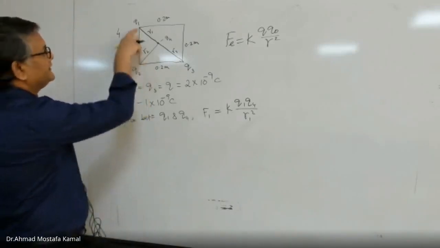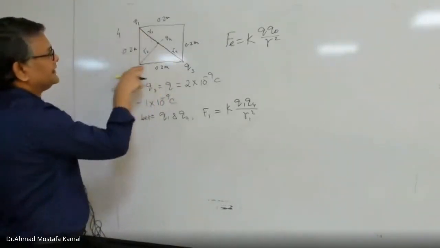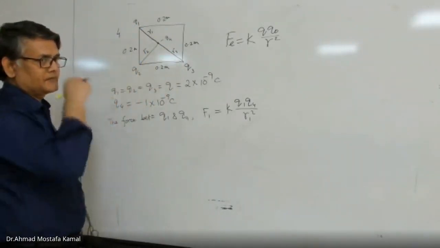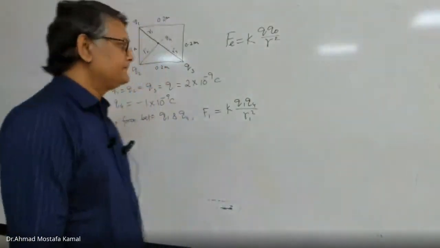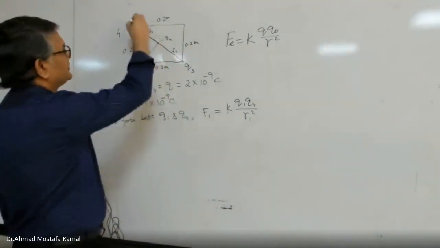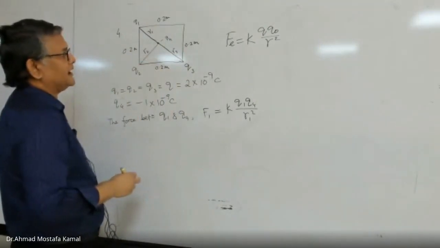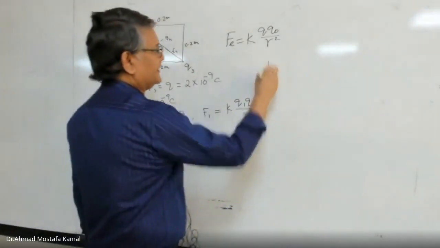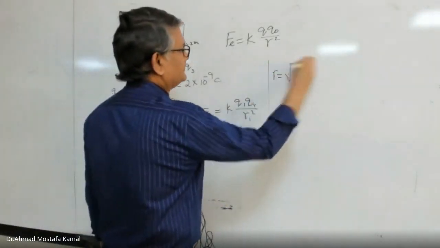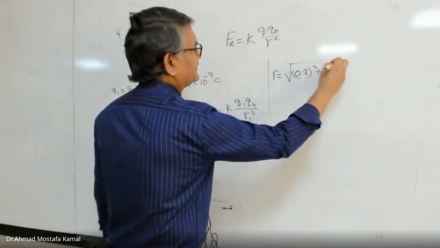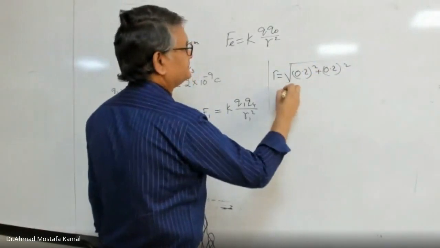See, this is a triangle actually. Q1 Q2 Q3 এই তিনটে মিলে একটা ট্রায়াঙ্গেল ফর্ম করেছে না, right angle triangle? Yes, sir. If it is a right angle triangle, you can use the Pythagoras theorem. This is 0.2 meter, this is 0.2 meter. So the total distance between Q1 and Q3, if it is r, then how will it be? r equal to 0.2 square plus 0.2 square, whole root. কারো কাছে ক্যালকুলেটর আছে? তুমি চট করে বলতে পারবে এটা কত?